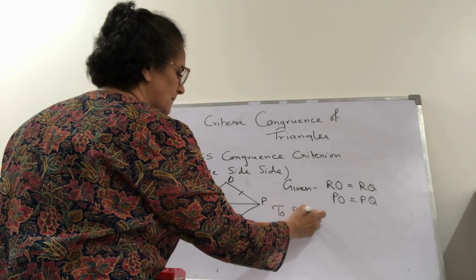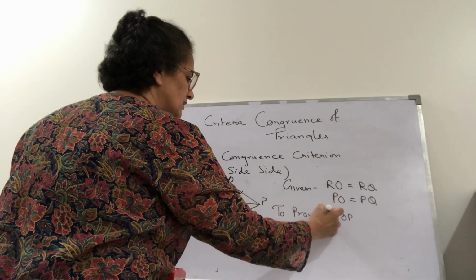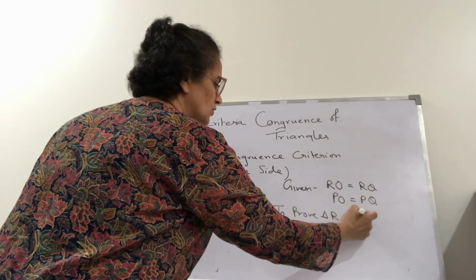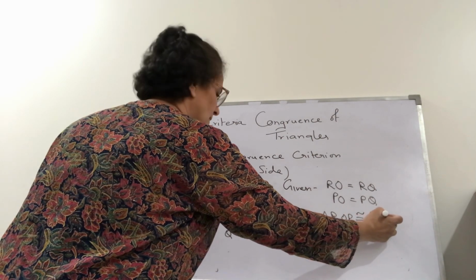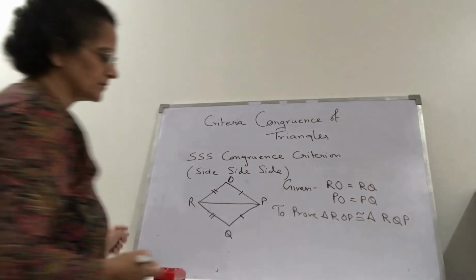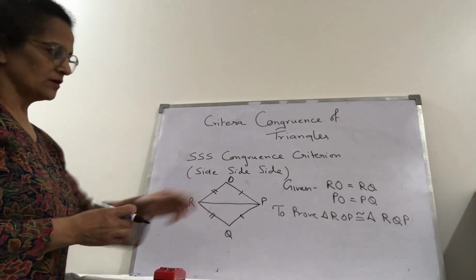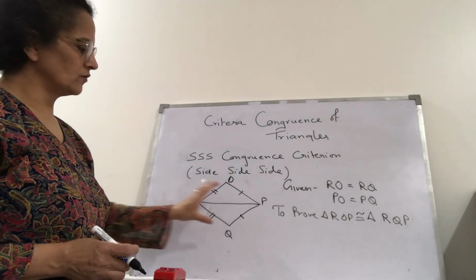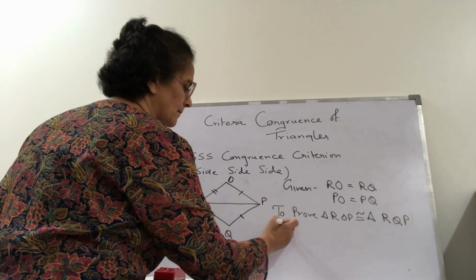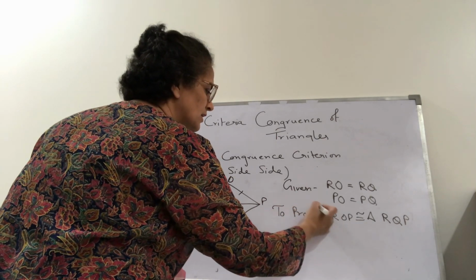To prove: triangle ROP is congruent to triangle RQP. After writing what was given in the question and what we have to prove, we can add one more thing to prove here.